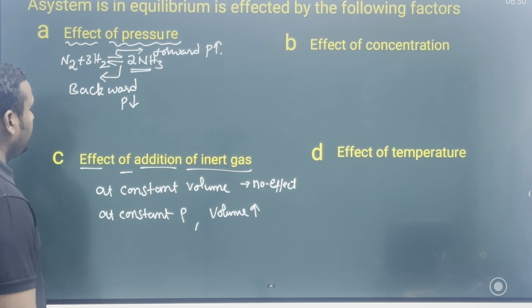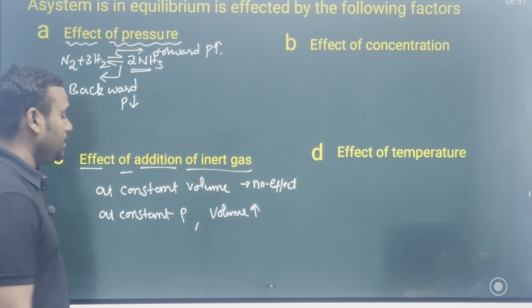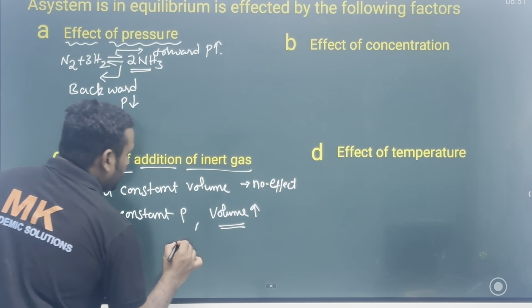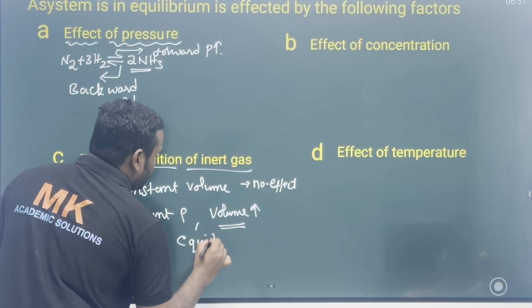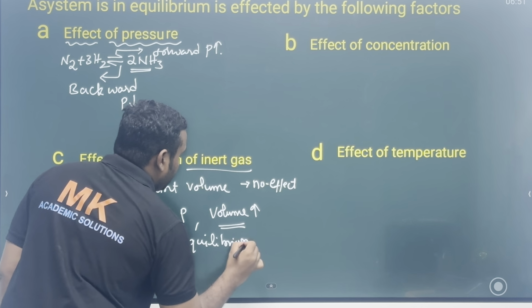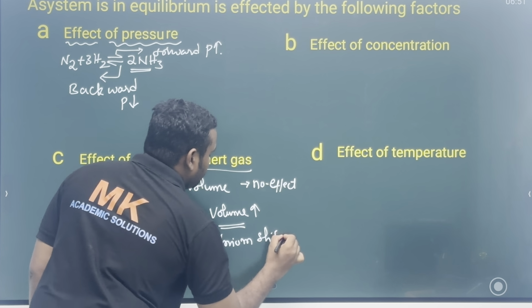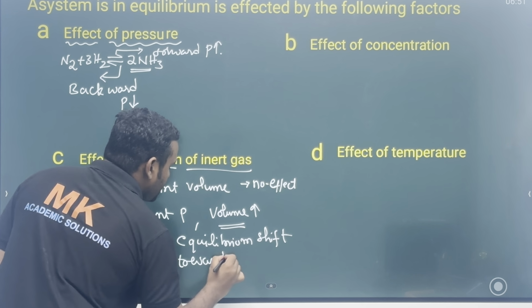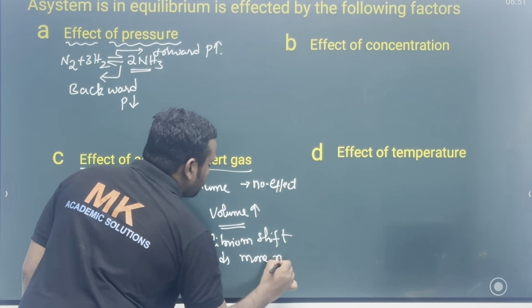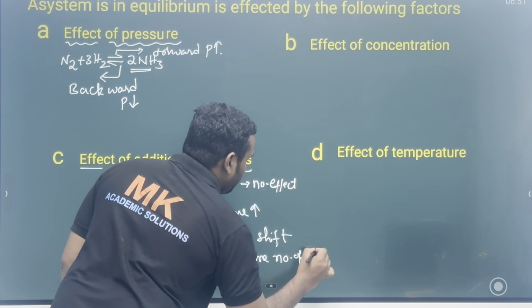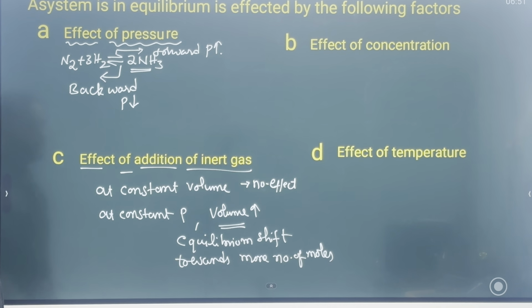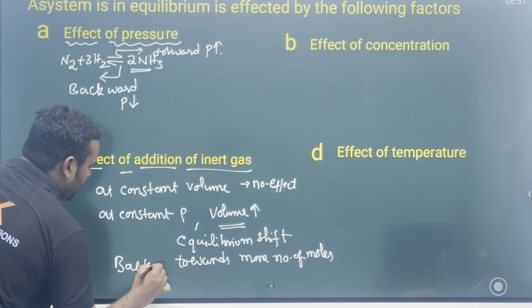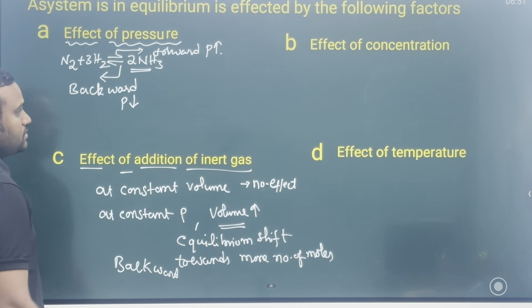If volume increases, the equilibrium shifts towards the more number of moles. Towards more number of moles means here the backward reaction is going to take place.